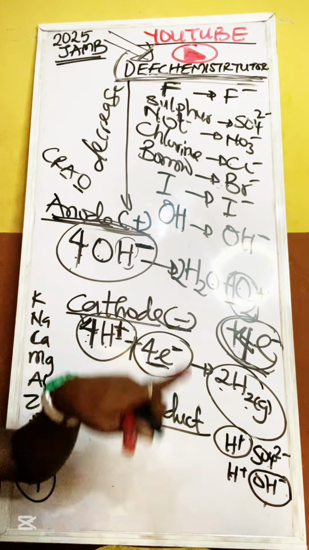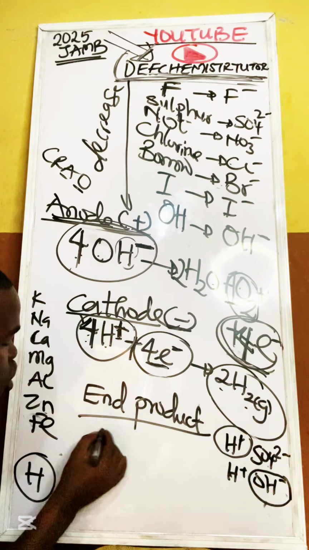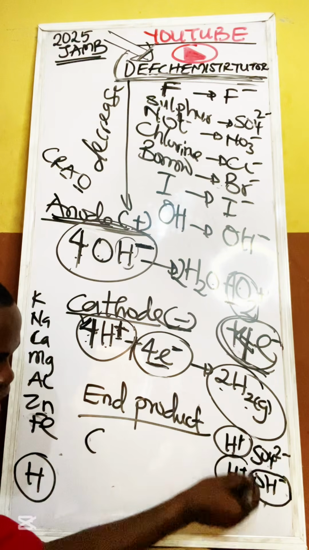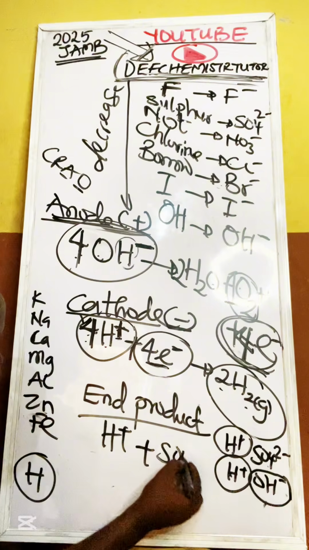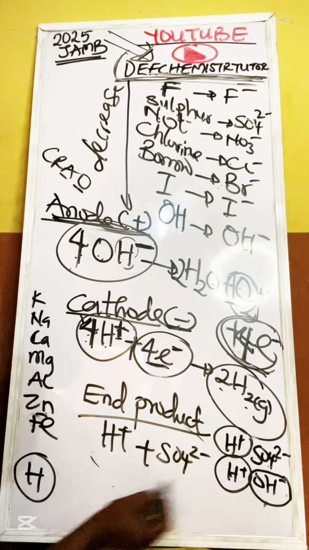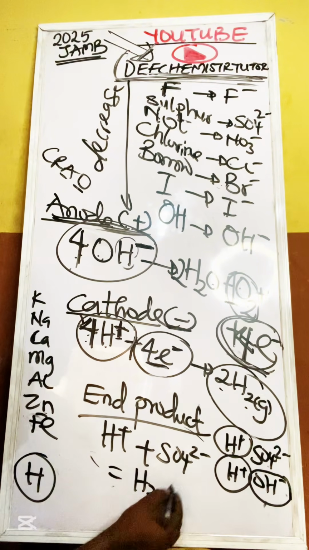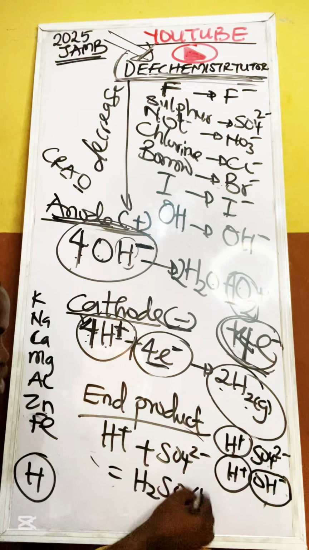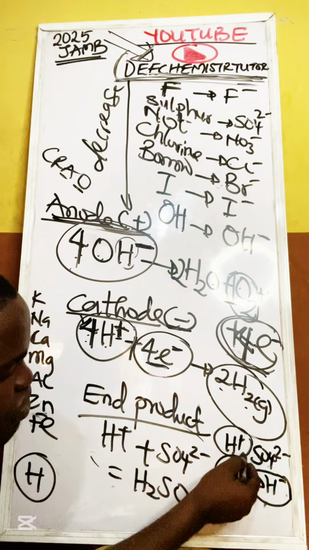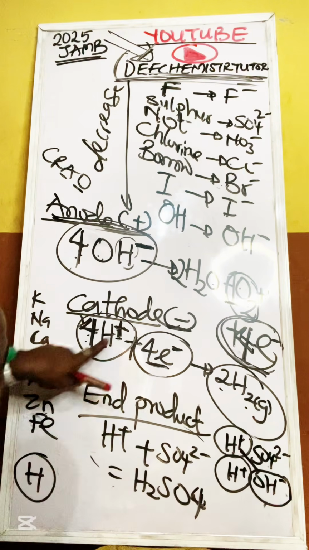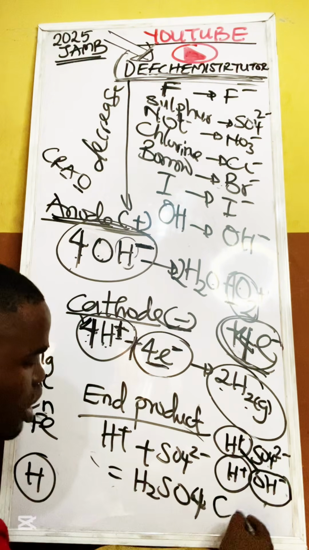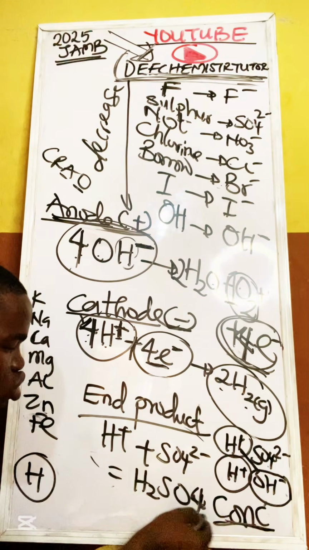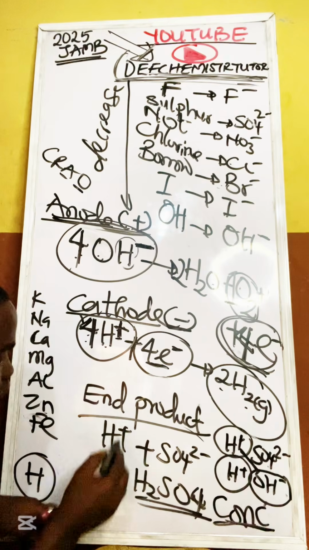That means the dilute H2SO4 will become concentrated, because look at what is left: H plus and SO4 2 minus. So eventually this becomes H2SO4. But it will not be dilute. It will be concentrated, because I've already removed these two in form of H plus and OH minus. They have gone. So this will become concentrated H2SO4.